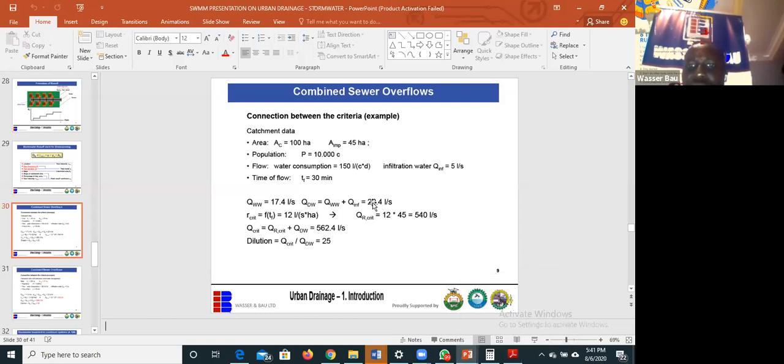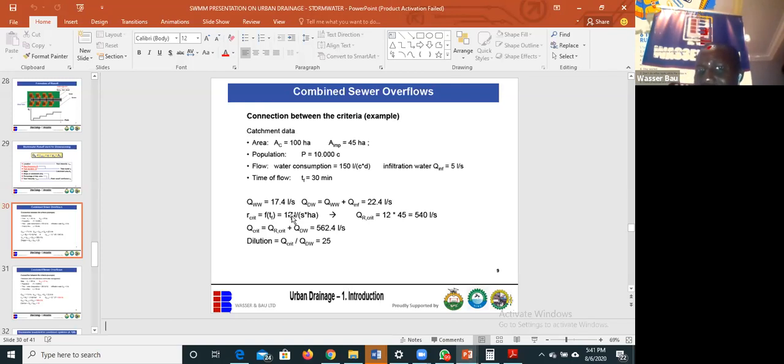So now, 22.4 is what we have for our sewer line. For our stormwater line, we got 540 by multiplying the impervious catchment area, or the critical area, or the peak contributing area, or the paved area, by the rainfall intensity per hectare.